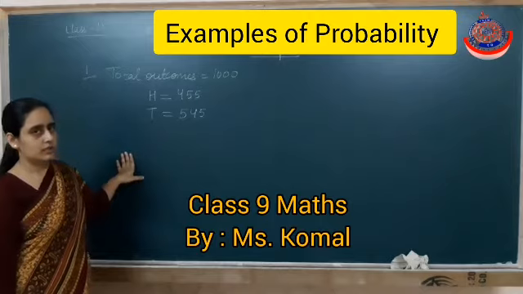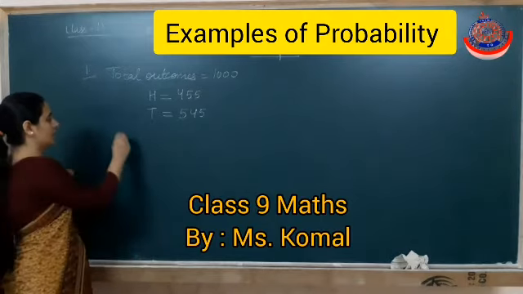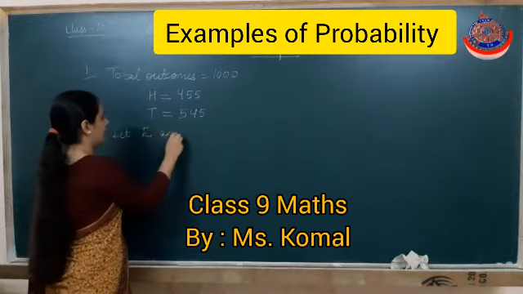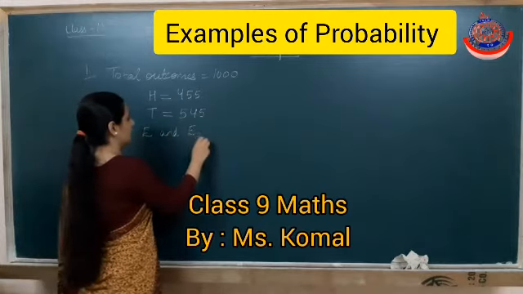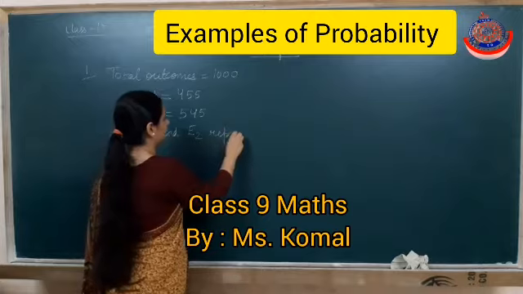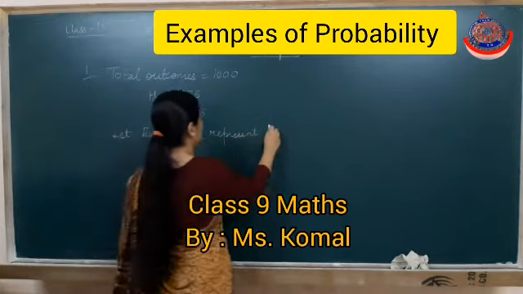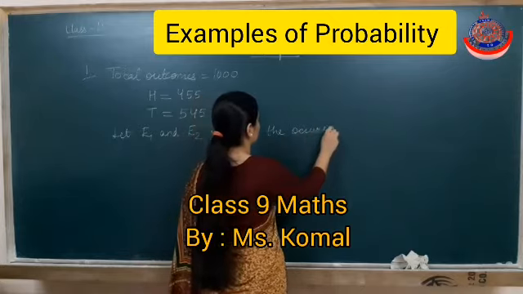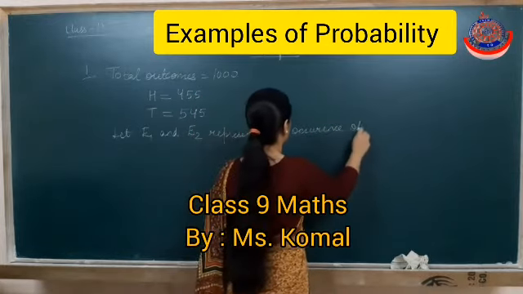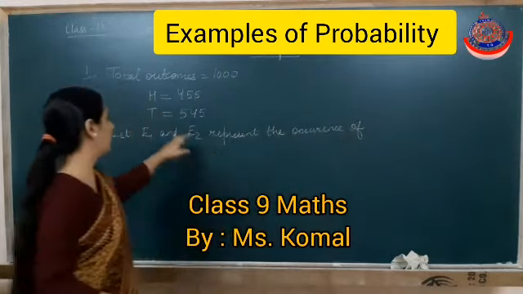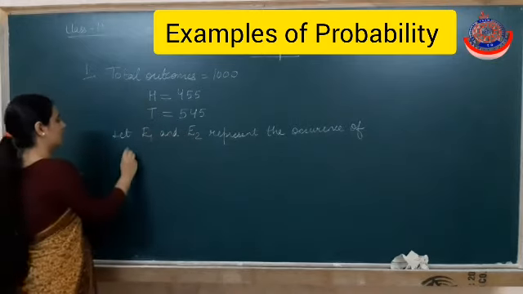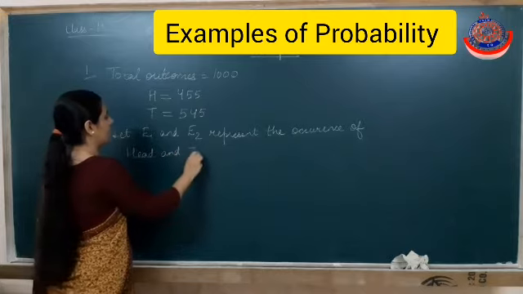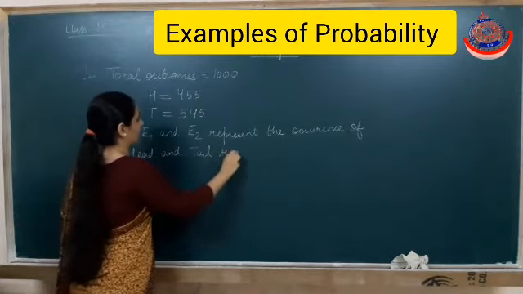So before starting the solution, how you have to write? Let E1 and E2 represent the occurrence of, now what to do, we have two things, occurrence of head and tail respectively.